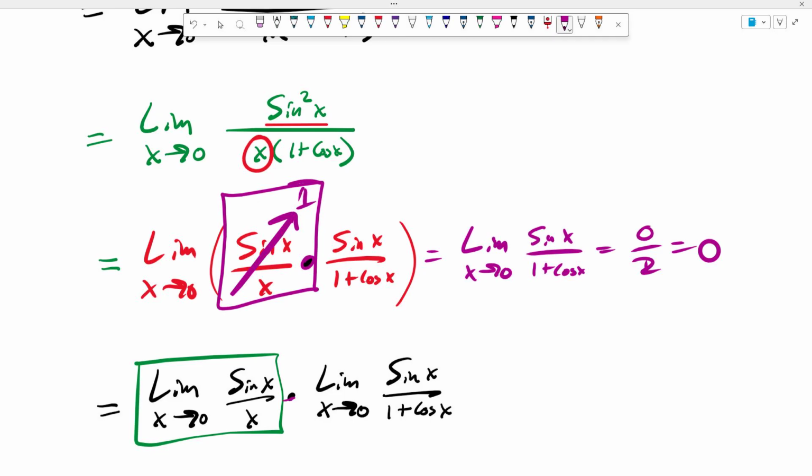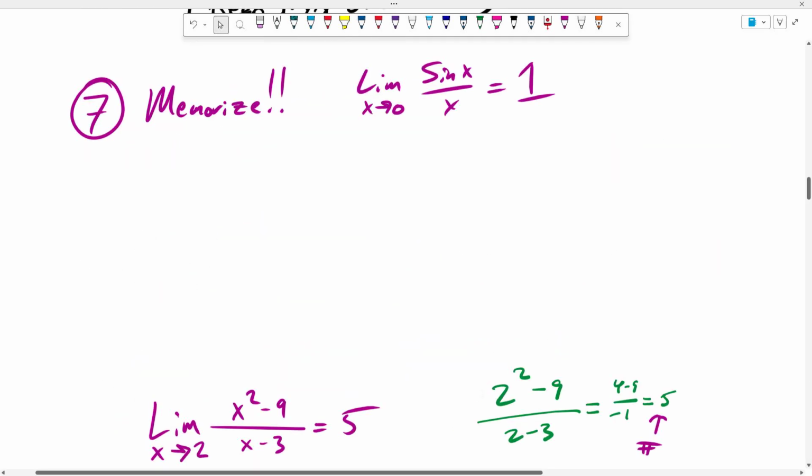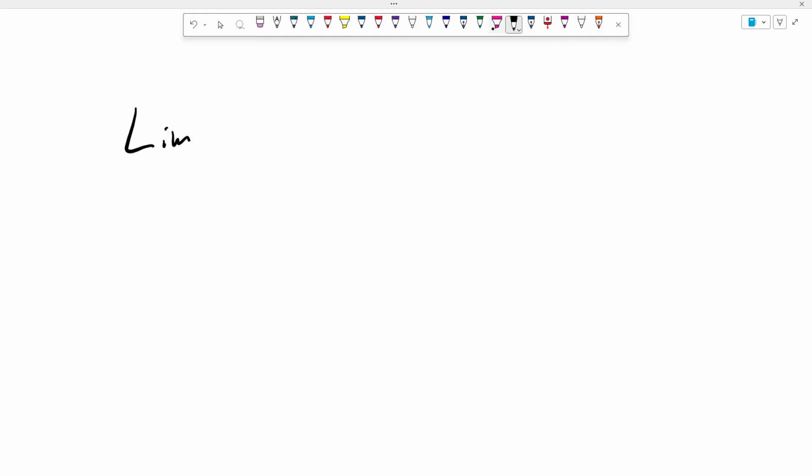So, okay, this is another one we memorize. This is really the only other one we memorize. This is just slightly different. How is this different than the previous one? The last one was 1 minus cosine of x.